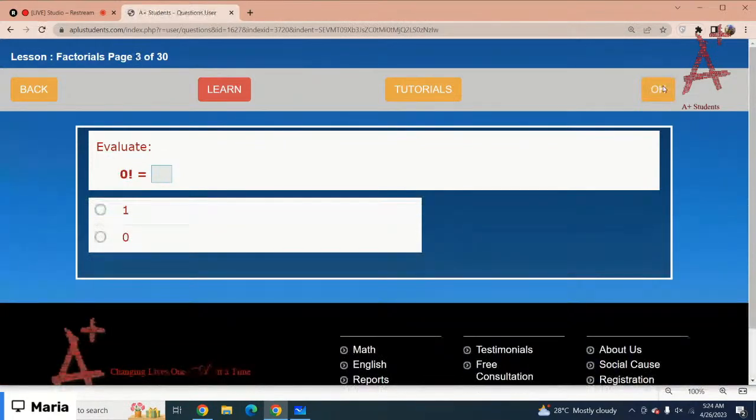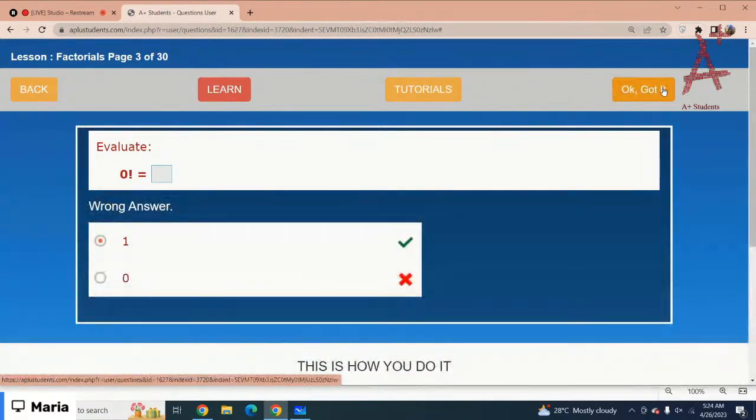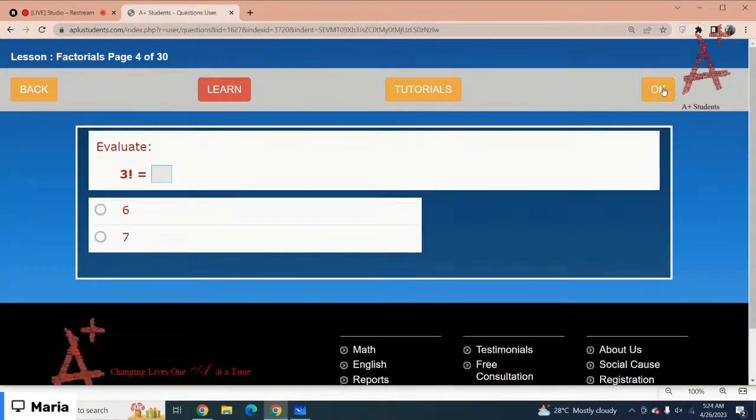Okay, the next one is 0 factorial. 0 factorial equals... Oh yes, 0 factorial equals 1.